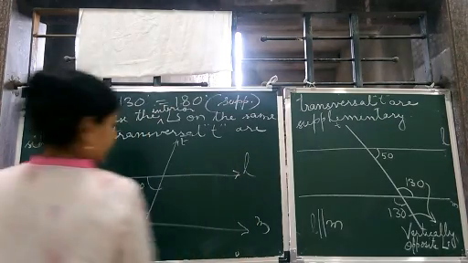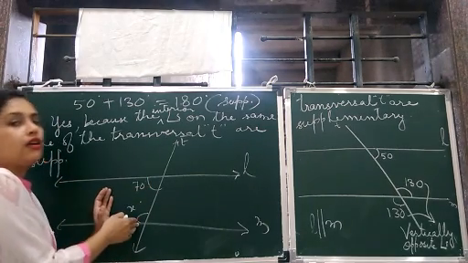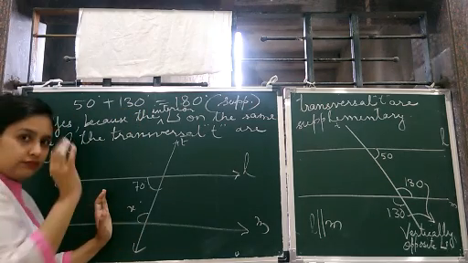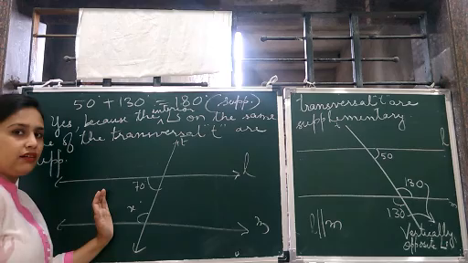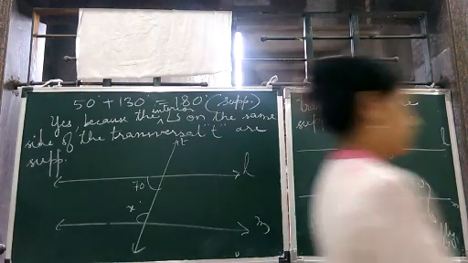So here L is parallel to M. That means the interior angles on the same side of the transversal are supplementary. It is exactly the reverse, isn't it? It means the sum of these two angles should be what? 180 degree. From there we get the value of X. Let's do it.